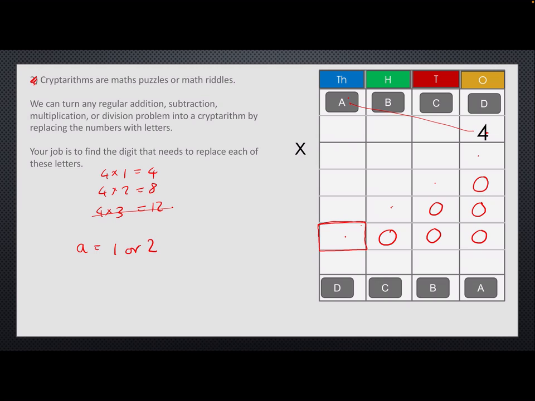Okay. Well, A appears more than once. A might be here, but A is also here. And if it's a 1 or 2 up there, it's got to be a 1 or 2 down there. So 4 times something has a 2 at the bottom, or a 1. Well, what are the possibilities?